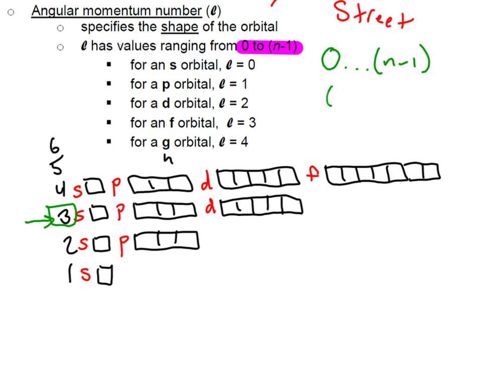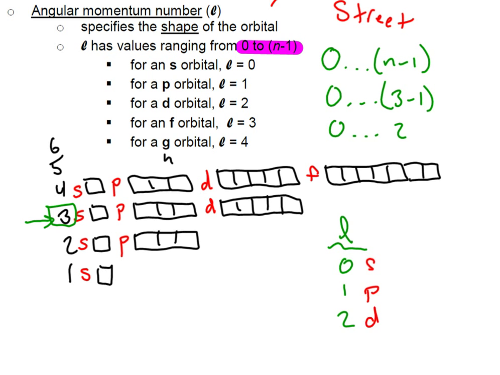And if you know n is 3, 3 minus 1, that means we're going to get a range of 0 to 2. And so if I look at my L values of 0 to 2, that would correlate with the orbitals s, p, and d. And when we look at the orbital diagram itself, you can see that this is true.